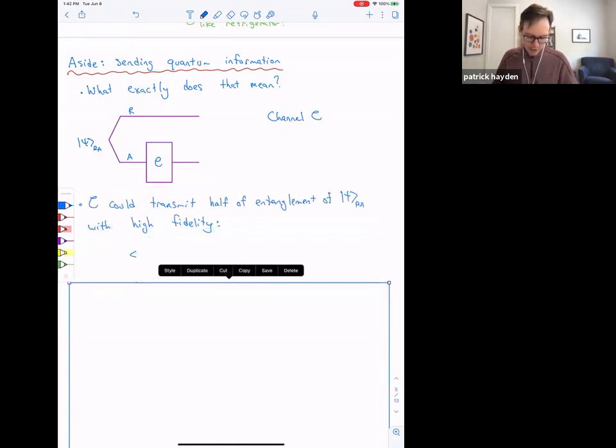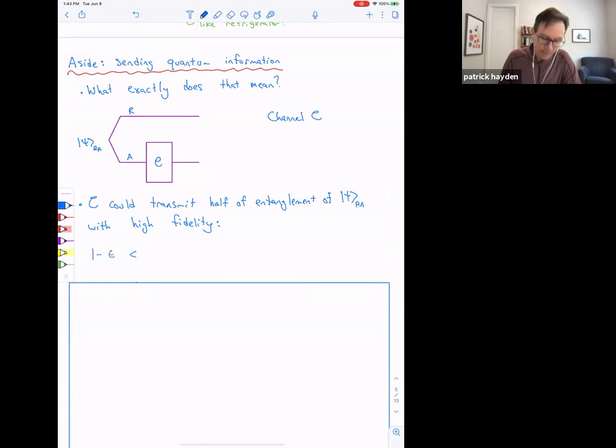And we could ask about the situation: what does it mean if the channel is able to send half of the entanglement of the state psi? So we could do it perfectly, but we've now been exposed to different notions of distance for quantum states. And so if it doesn't do it perfectly, what we could say is it sends it with high fidelity.